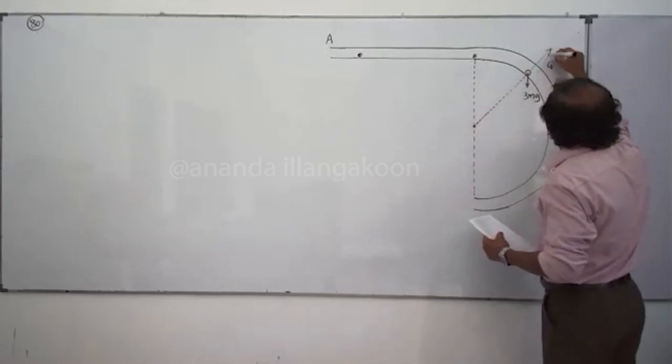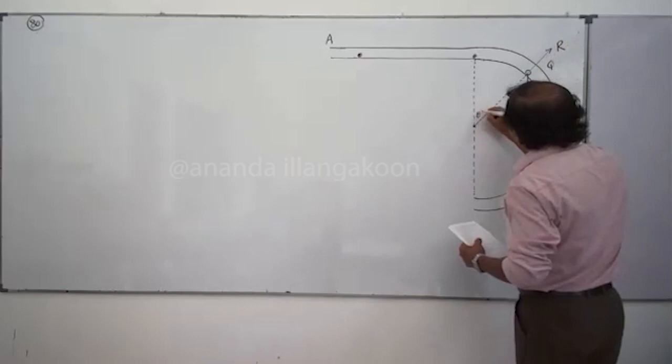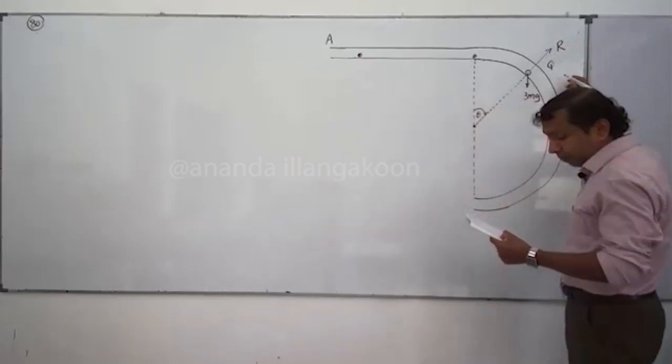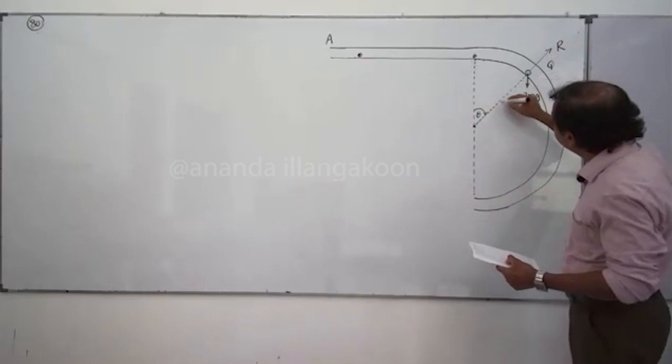This is R. This angle is given as theta. The radius is a.